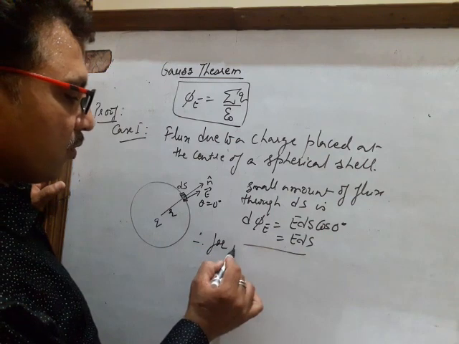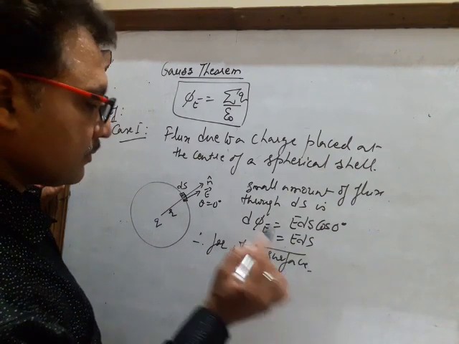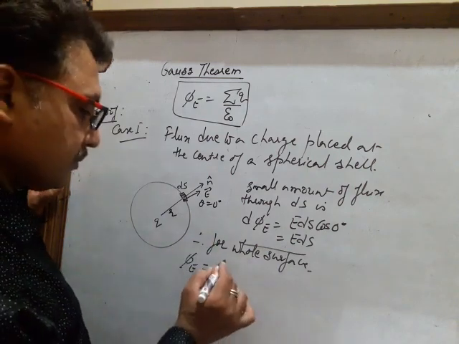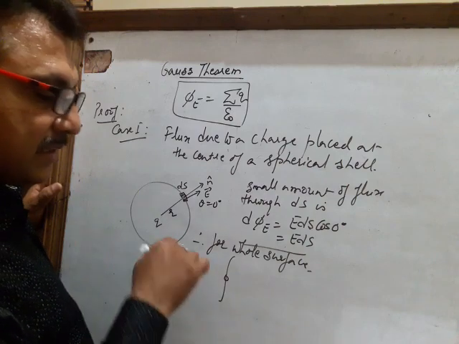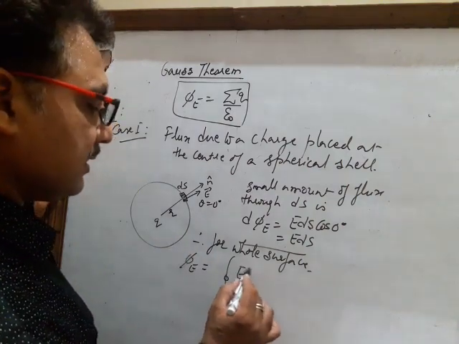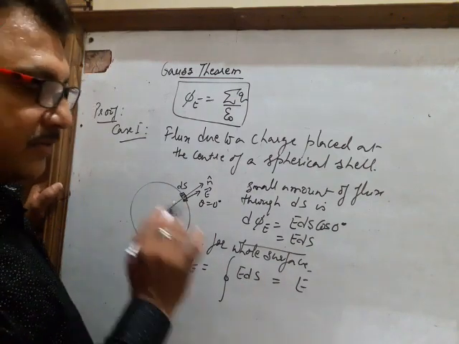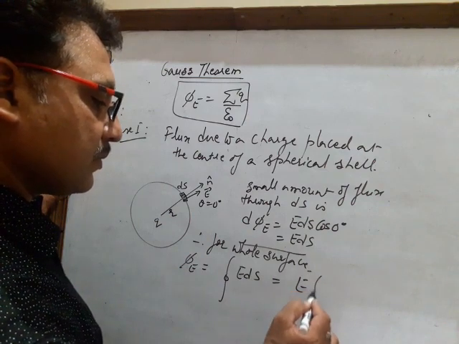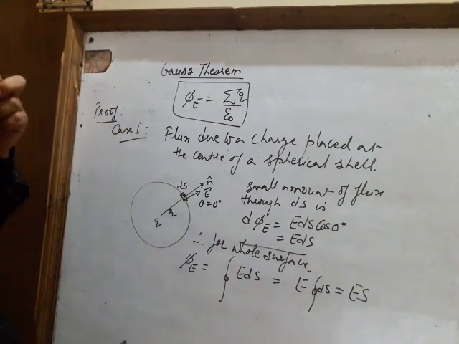Therefore, for whole surface, phi e is equal to how much? I take for the whole surface integral, no? So that is integral of e ds. This you can write, e is constant everywhere. So integral of ds, and that is S. So this is eS.